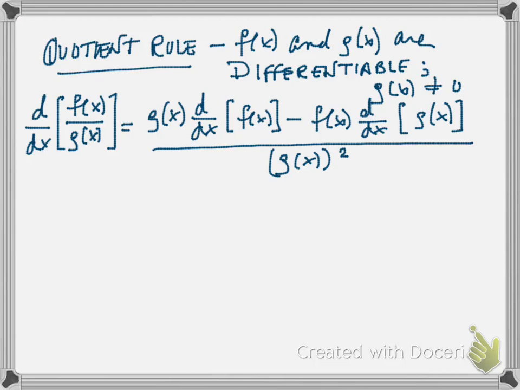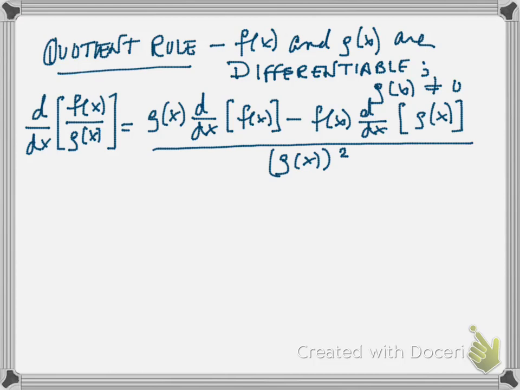The denominator times the derivative of the numerator minus the numerator times the derivative of the denominator, all over the denominator squared. In the numerator here we can see that you use subtraction. Subtraction is not commutative, so there is no flexibility in the order in which you write this out.